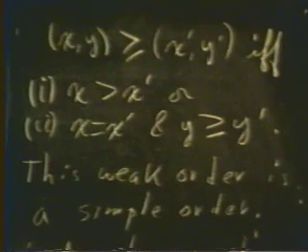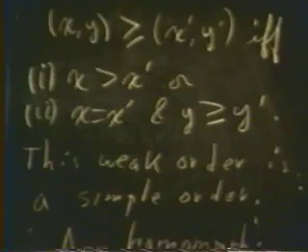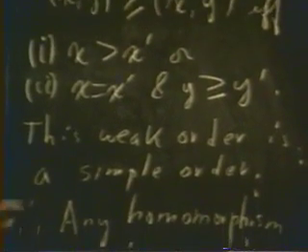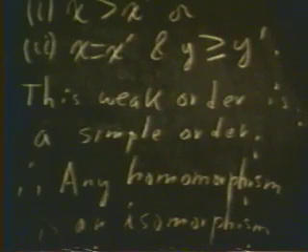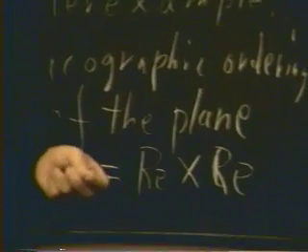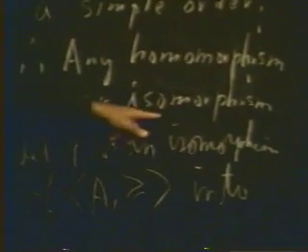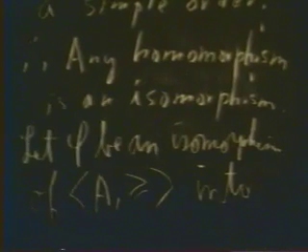That antisymmetry condition tells us something at once that we will use in our proof of this counterexample, namely that any homomorphism, remember a homomorphism is a function from the set A into the real numbers that preserves the order, must also be an isomorphism, that is a 1-1 function, when the relation is a simple order.